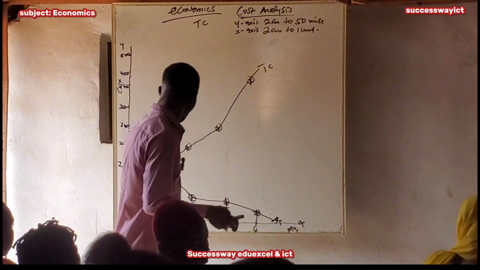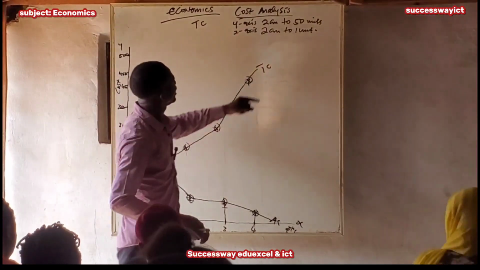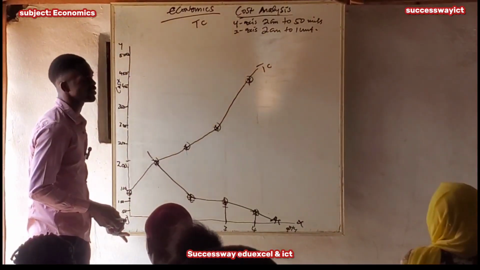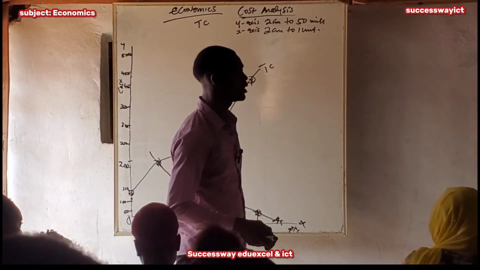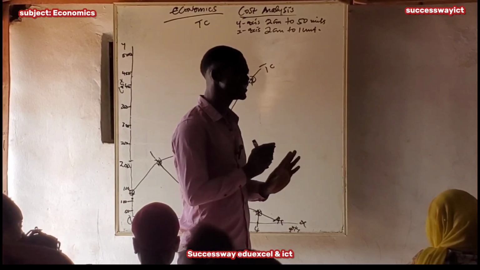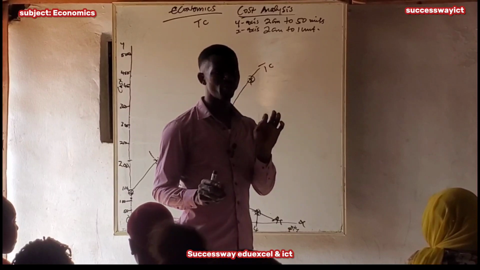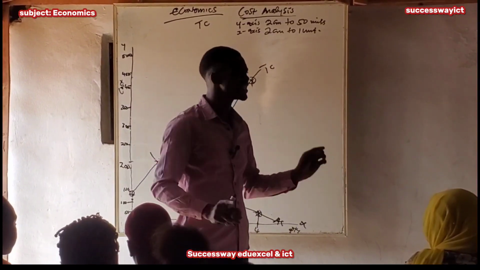I've already superimposed by lessening the scale from 50, because I said 2 cm to 50 units. So I can still add from 50 to that side. But if the graph is big enough, you can do all of them inside. But let it not be dirty. Let it be as neat as possible. What we take care of in the graph mostly is that the graph must be neat. That's why we talk about the wideness of the graph.